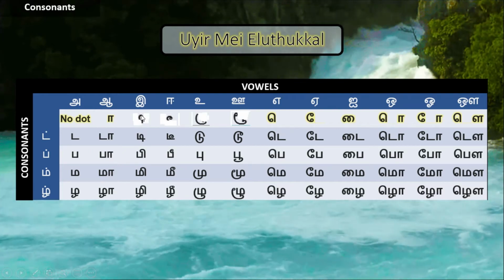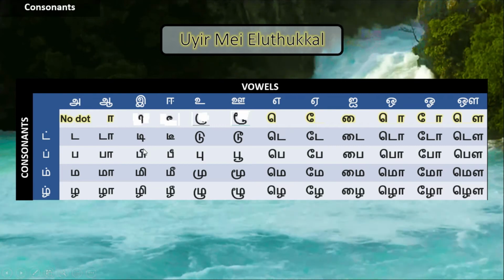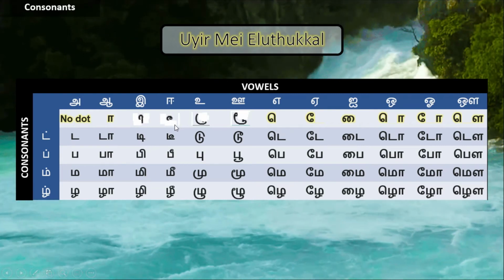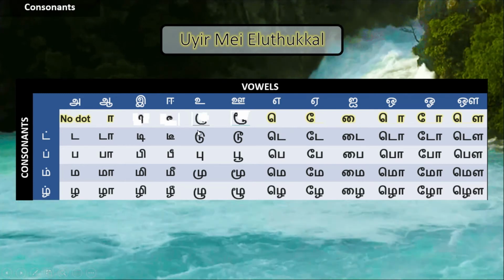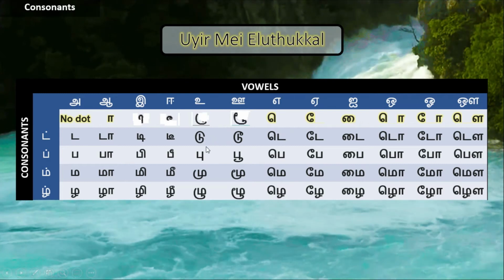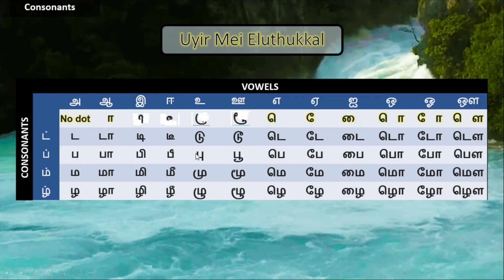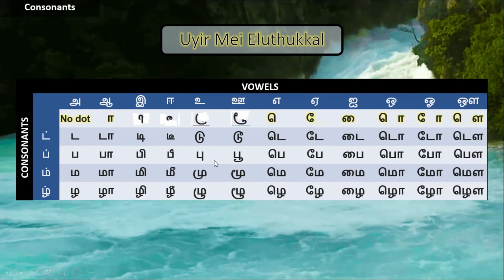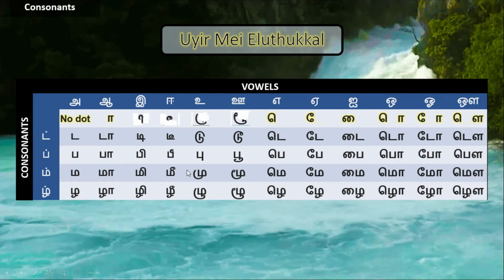For e, we have this hook-like symbol, and for e, we have again a hook-like symbol with a circular ending. For u, it slightly differs from one consonant to another. For it and il, they are the same, that is, we have a circular arc. But for ip, we have the vertical line extended a little below the line. For mu, we have another circular arc going upwards.